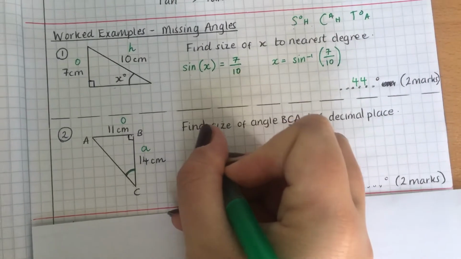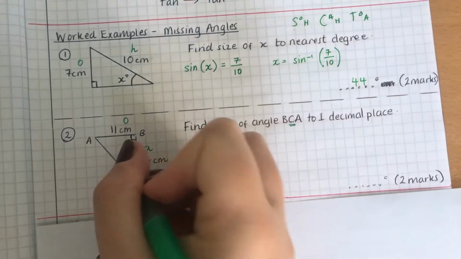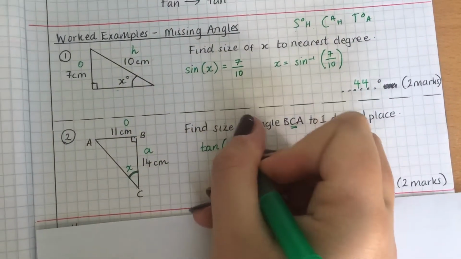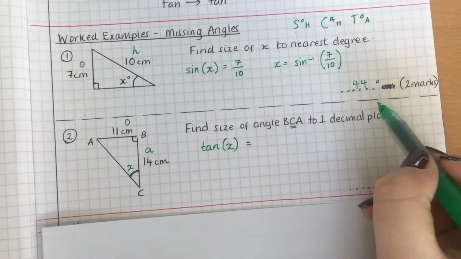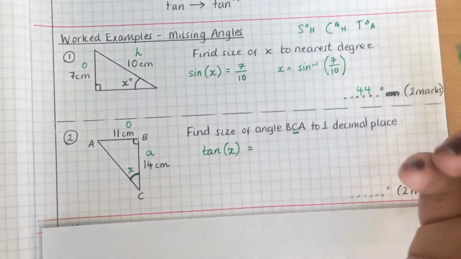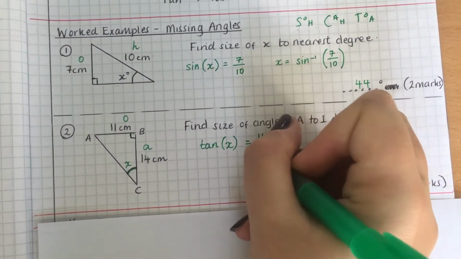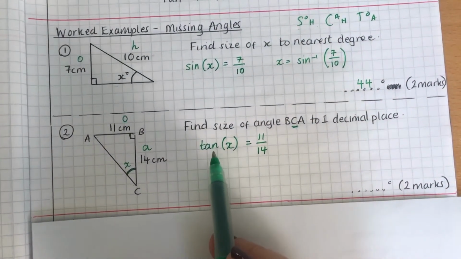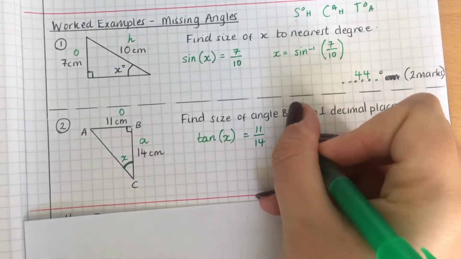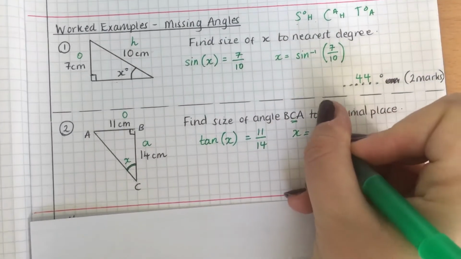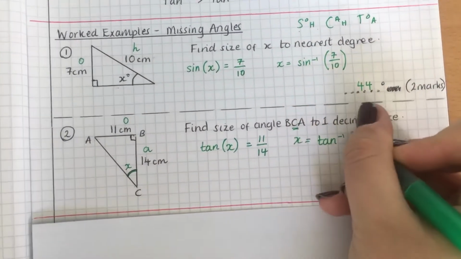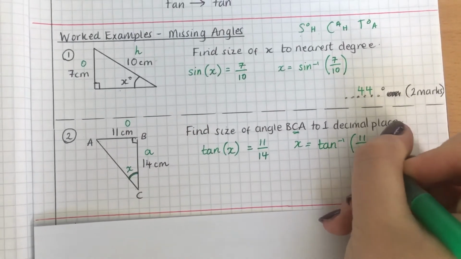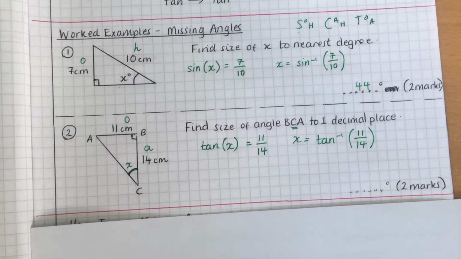So you write down tan of the angle, we can call that X again. Tan of the angle X equals the opposite over the adjacent, so 11 over 14. Once again, to get X on its own, we need to do the inverse of tan. So X equals inverse tan, and then the fraction as it is in the first stage of the working.